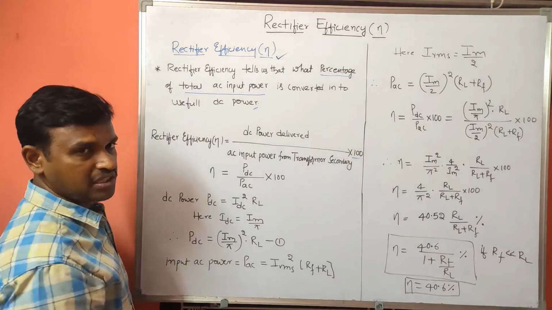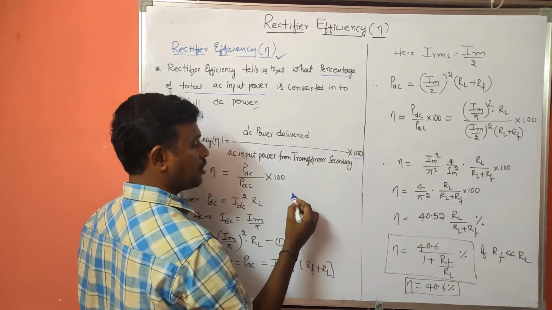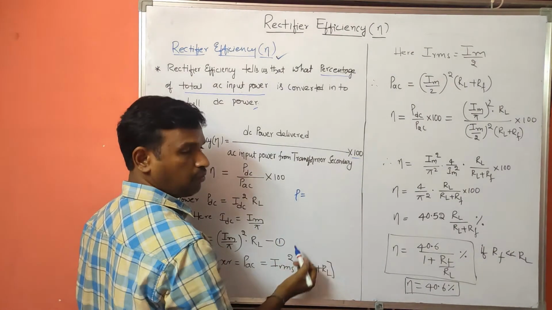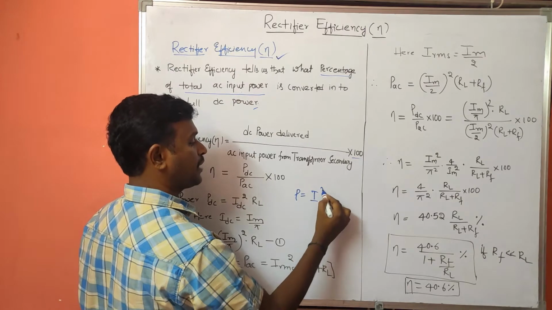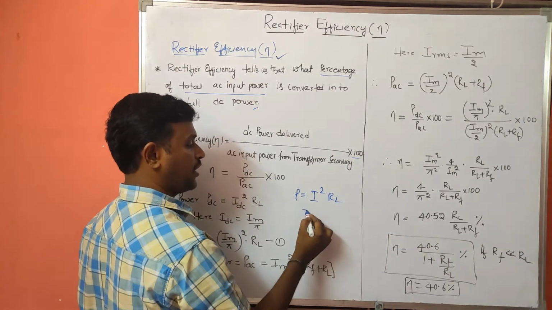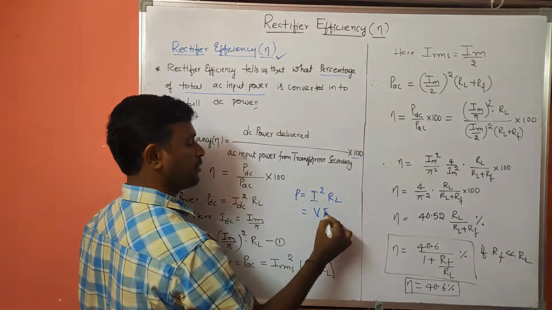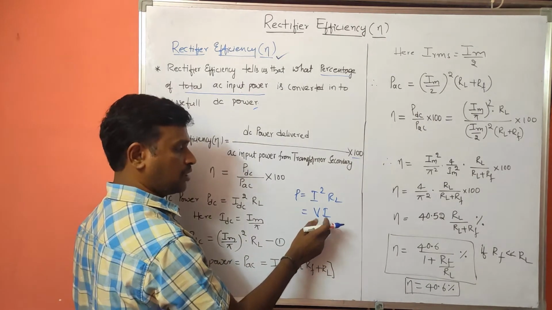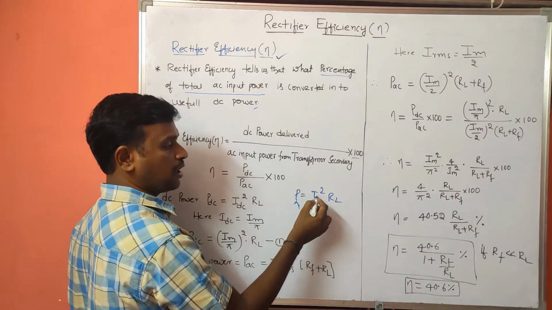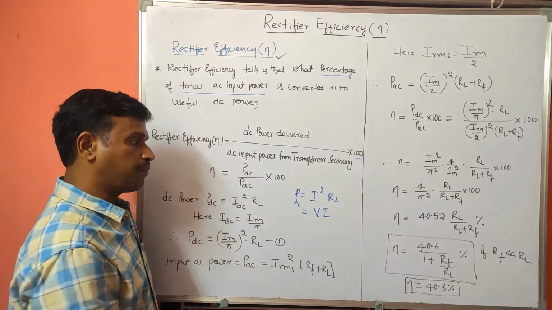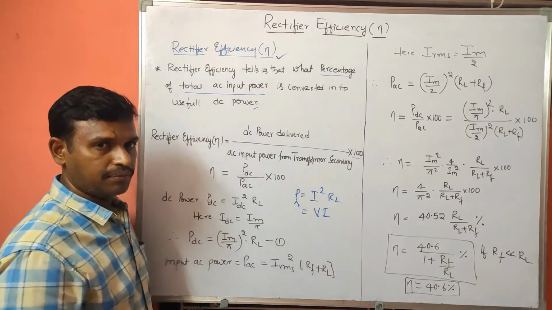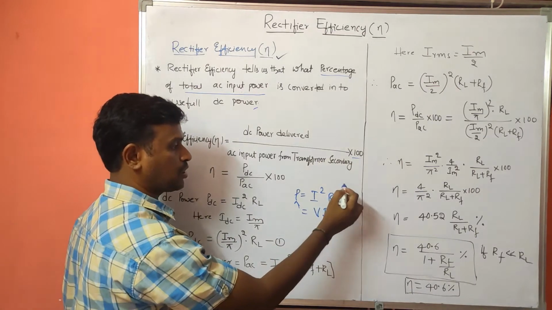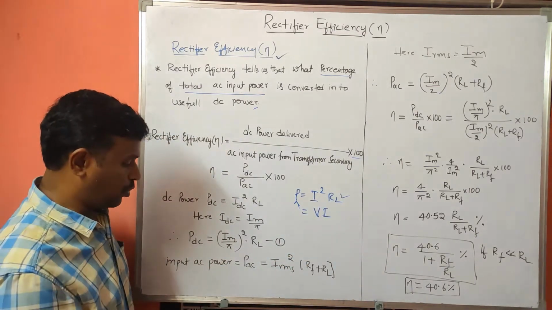So what is PDC generally? What is power here? We have power in terms of voltage and current, V into I, the product of voltage and current, and similarly we can have I square into RL, which is the equation in terms of the current and the load resistance.